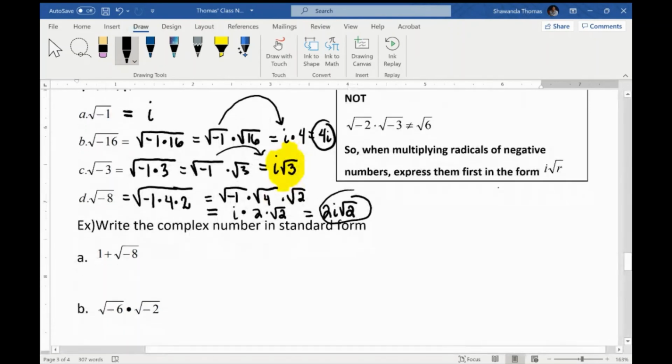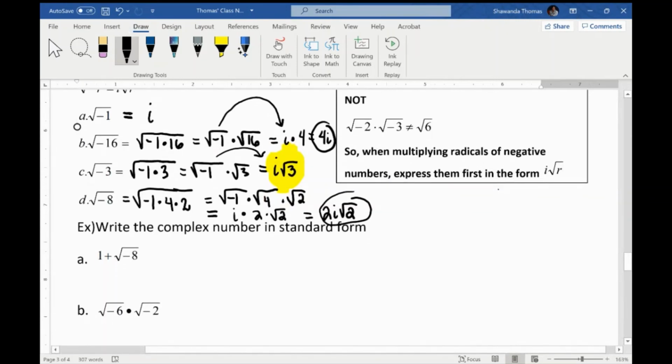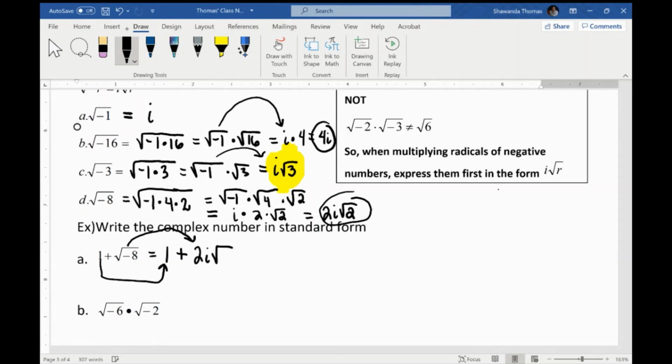All right, so the next little part: write the complex number in standard form. Well, we'll try our best. Nothing's wrong with 1. We're going to write it back down: 1 plus, we just did the square root of -8. We said it equals 2i times the square root of 2.